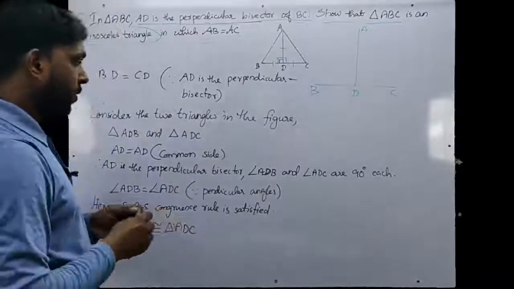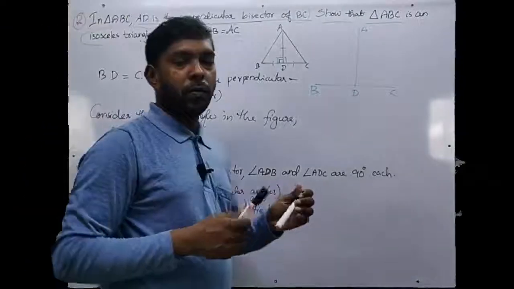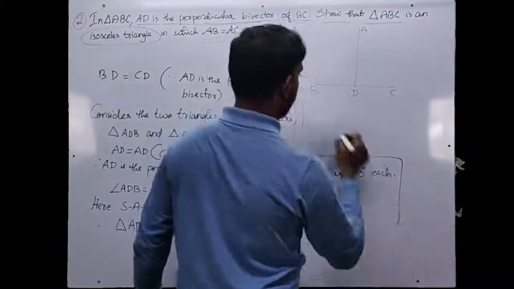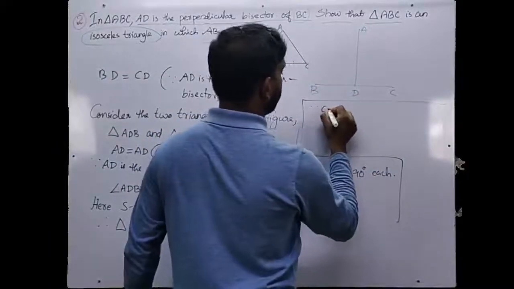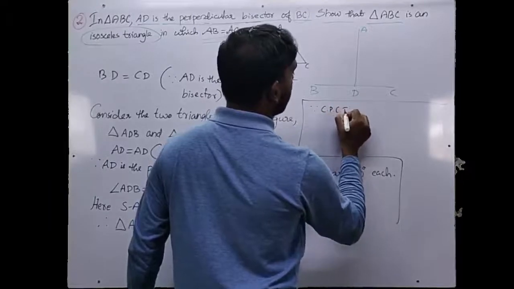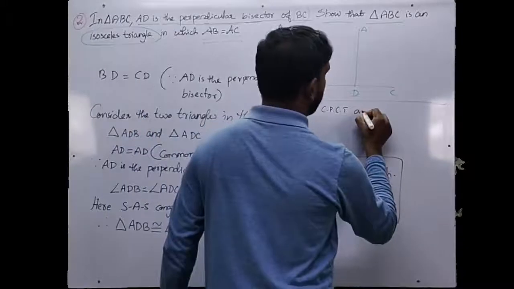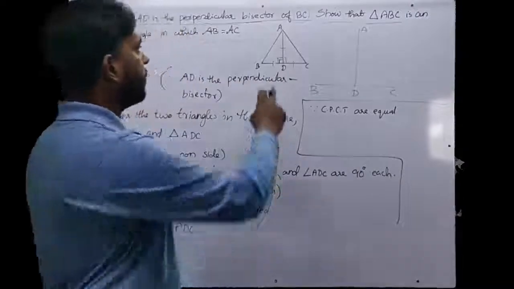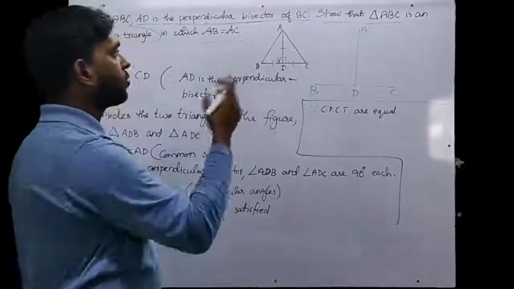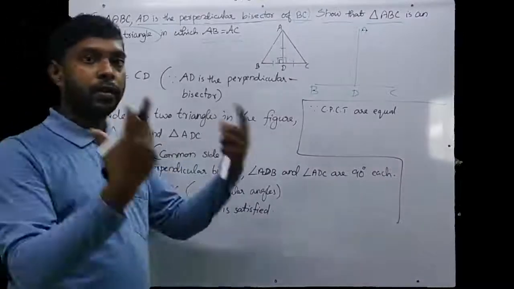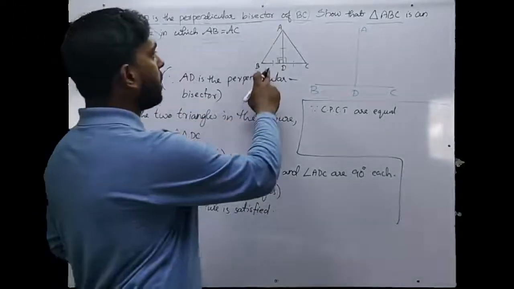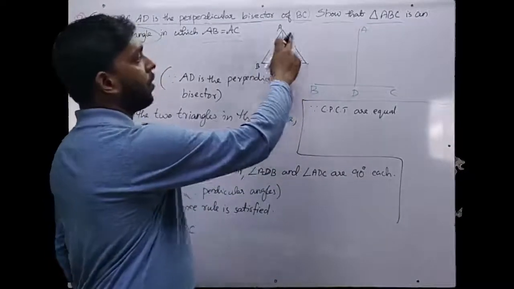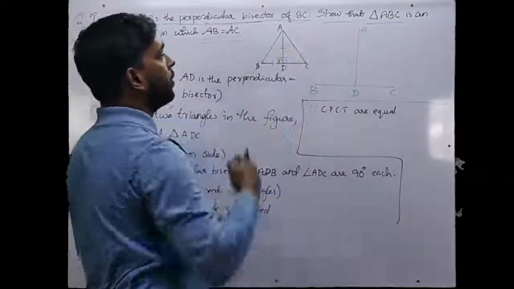We already know the corresponding parts of congruent triangles are equal. Since these two triangles are congruent, their corresponding parts are equal, corresponding angles are equal, corresponding sides are equal. That means BD is equal to CD, AD is equal to AD, AB is also equal to AC.